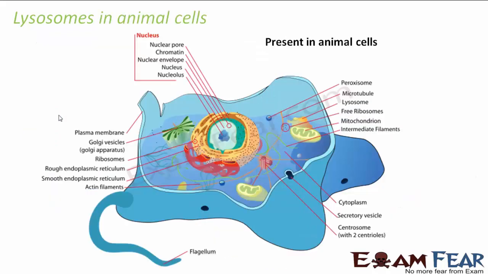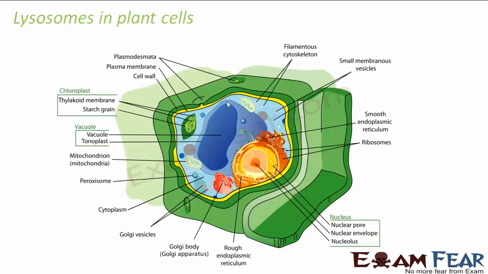So where is a lysosome located? In an animal cell, it is somewhere located here. Right? A vessel-like structure. Again, in plant cells, the presence of lysosomes is actually disputed. What do I mean by disputed?